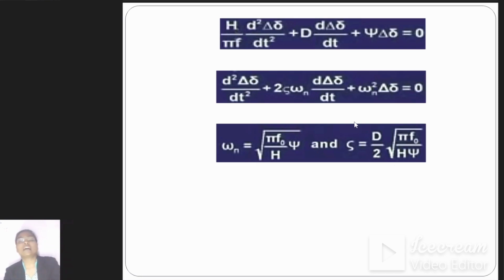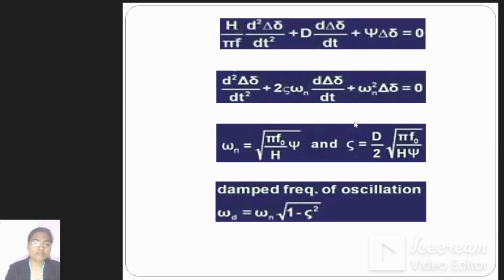Here omega n is the natural frequency and zeta is the damping factor. So your damped frequency of oscillations can be given as omega d, which is equal to omega n into root over 1 minus zeta square.